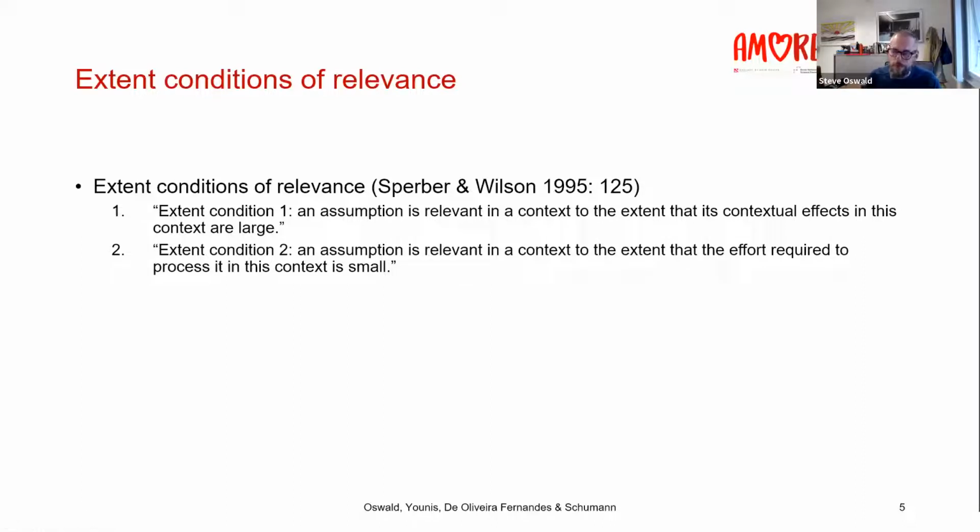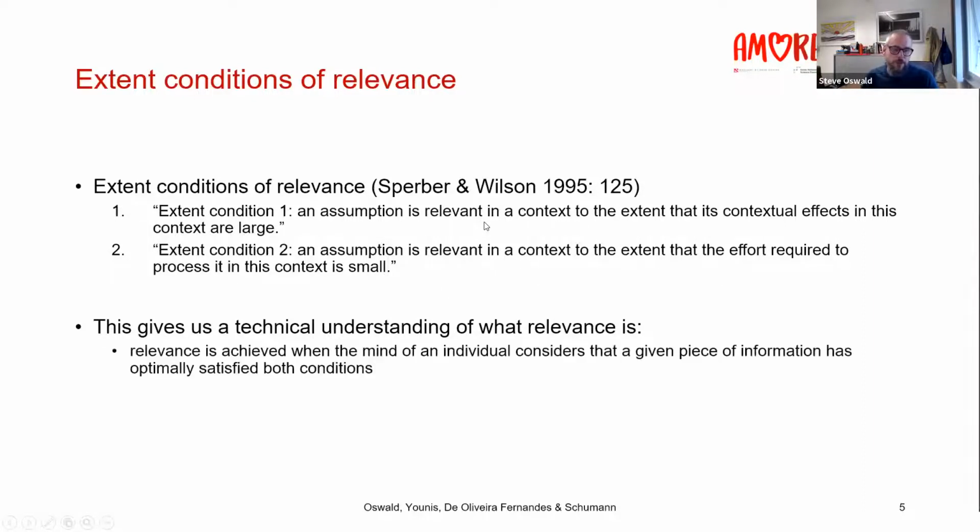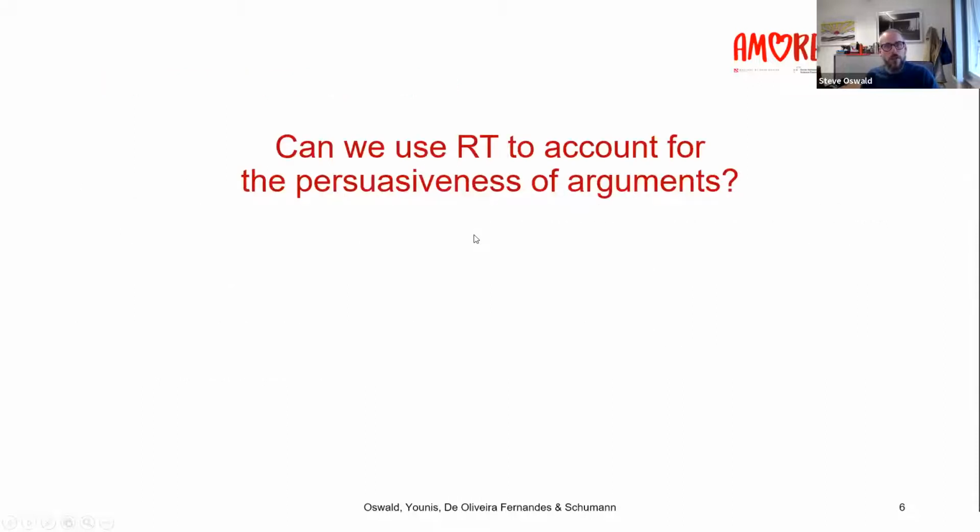An assumption is relevant in a context to the extent that the effort required to process it in this context is small. And that gives us a very technical understanding of what relevance is, a very definite understanding. Relevance is achieved when the mind of an individual considers that a given piece of information has optimally satisfied the 2 conditions.